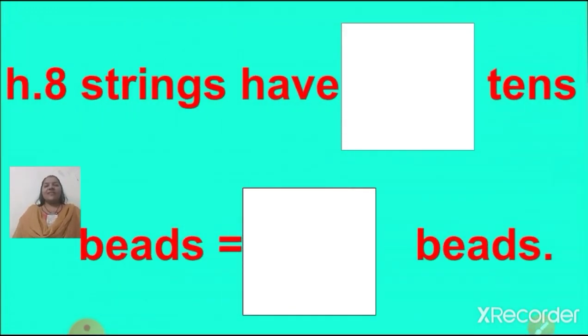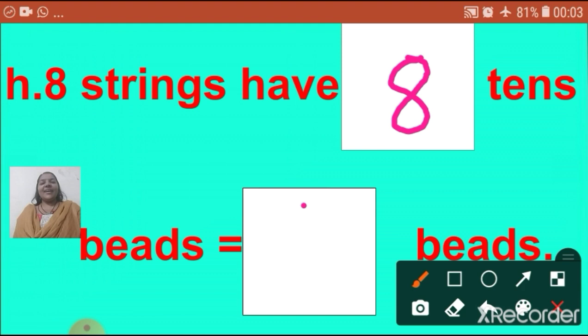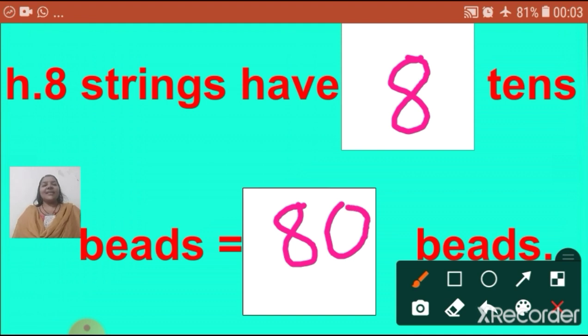Now see the next one. 8 strings have dash tens, equal to dash beads. So 8 strings have how many tens? Yes, here will come 8 tens. And 8 tens beads equals 80. Very good children. So here I wrote 80. 8 tens means 80 beads.